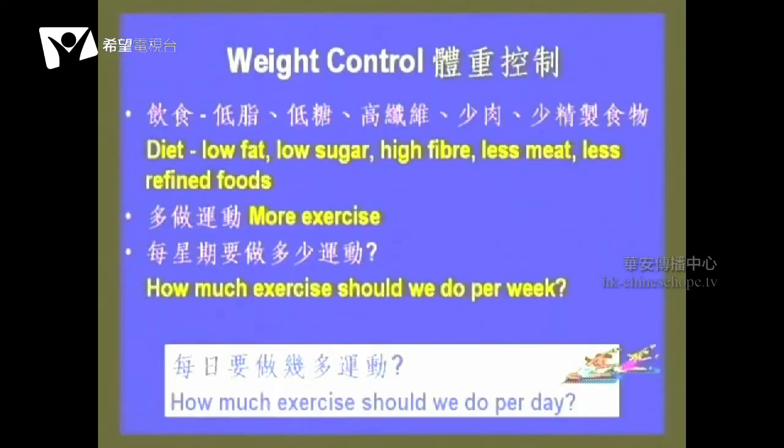How much exercise should we do per day? So exercise should be a daily activity to prevent metabolic syndrome and to control weight. Now let's talk about an experiment that I did to prove that lifestyle can control metabolic syndrome.